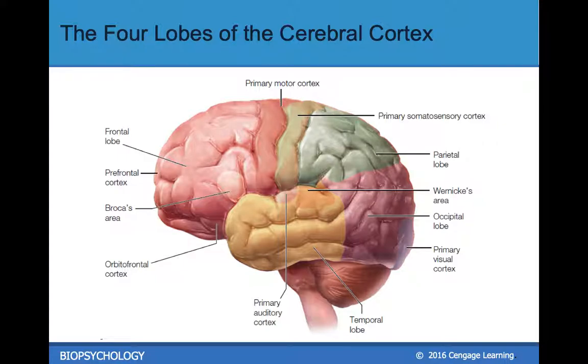All those different things are coming into that primary somatosensory cortex. And the parietal lobe itself handles a lot of multisensory functioning, so understanding deeper into visual processing, as well as directionality of movement and things like that.